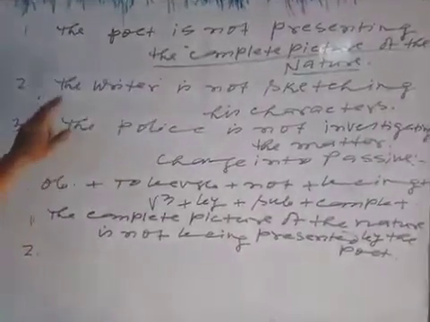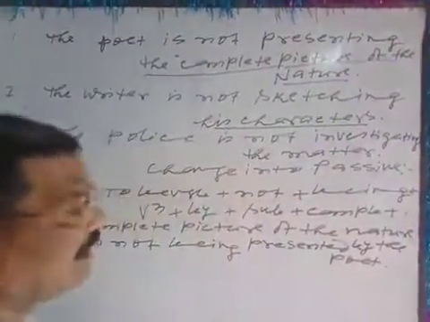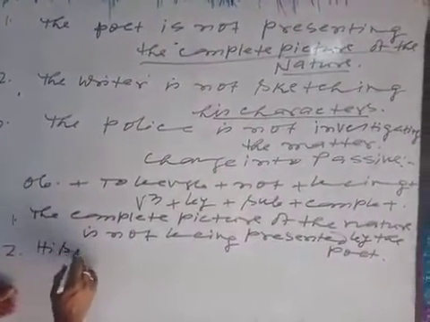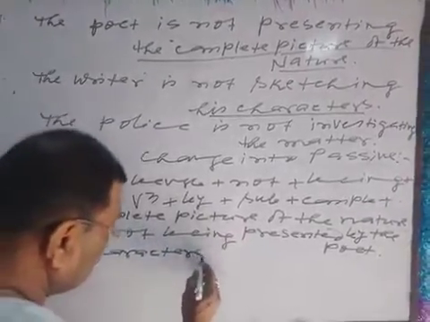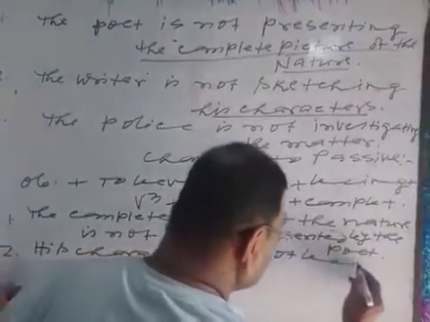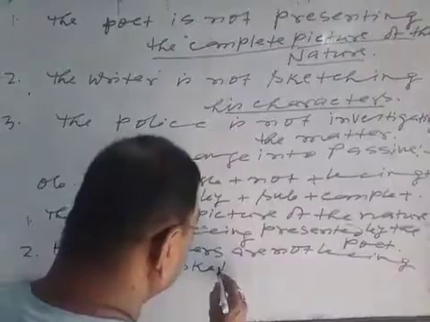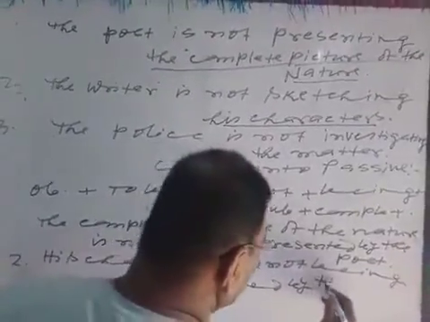In the second sentence, his characters are objects. His characters are not being sketched by the writer.